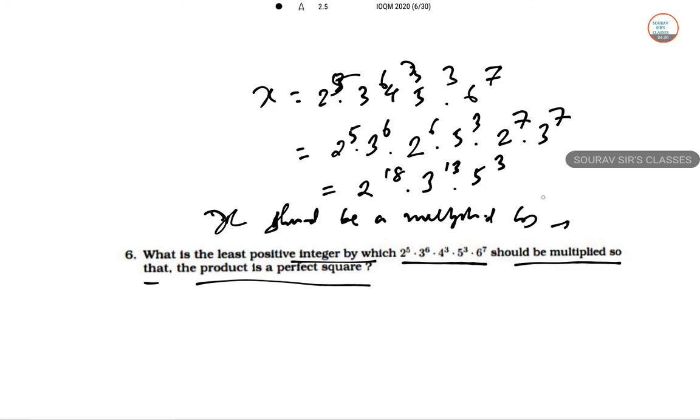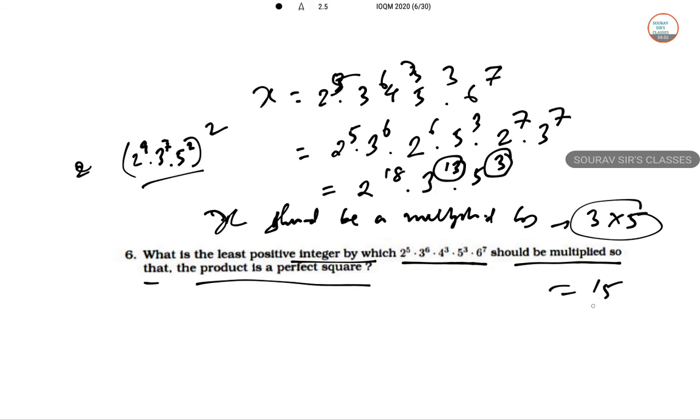In order to make it a square, 3 is needed, then only 2 can be taken common, and one 5 is missing. So 3 and 5. So in order to make it a square format, in the power you can take 2 common. Okay, so then 2 to the power 18, 3 to the power 14 and 5 to the power 4. So that is a perfect square, so 15 needs to be multiplied.